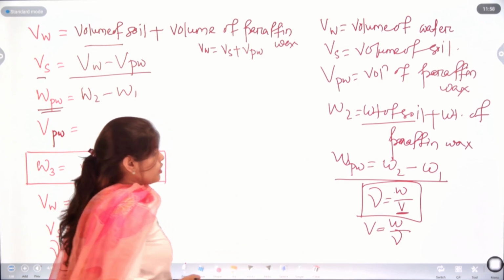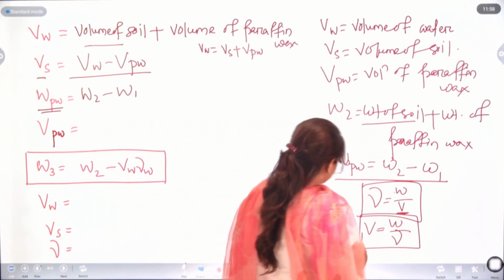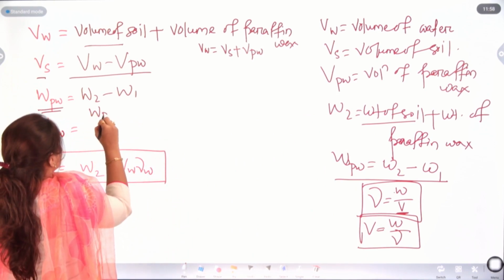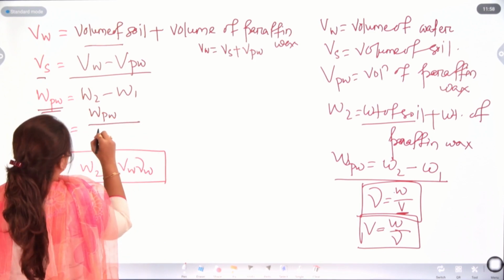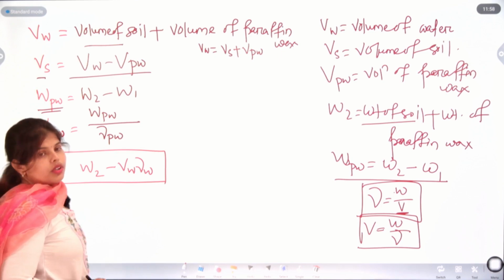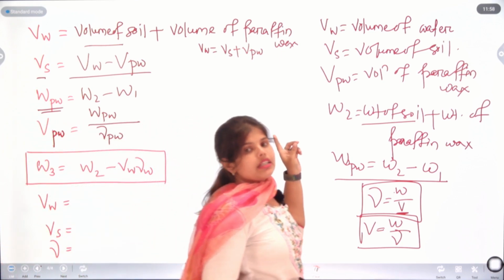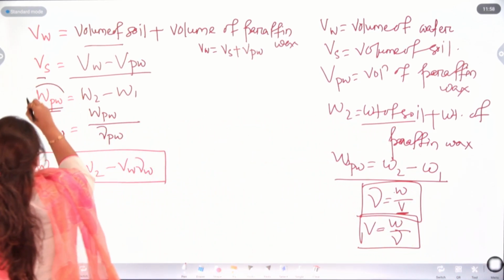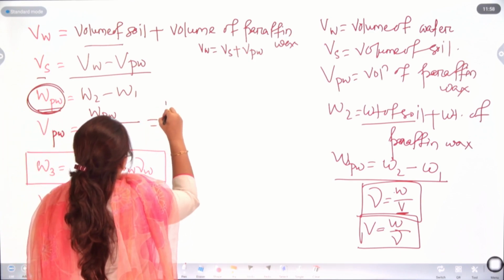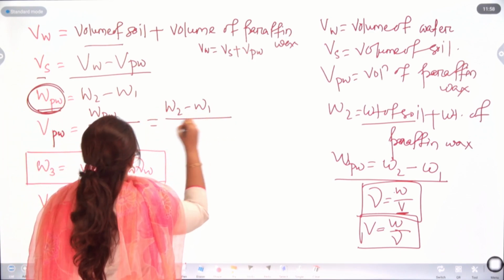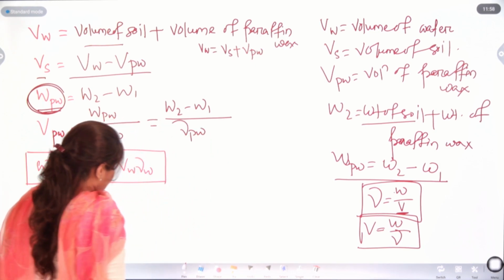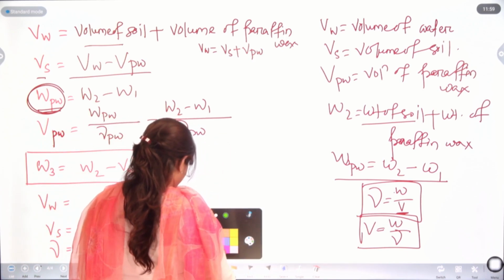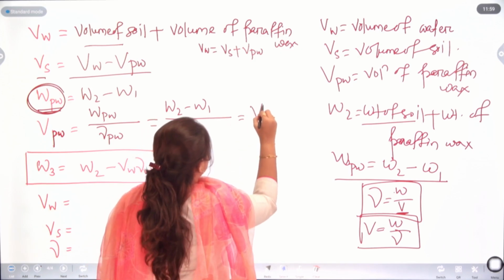To find Vpw, we can use Wpw upon gamma pw. Wpw is the weight of paraffin wax and gamma pw is the unit weight of paraffin wax. So, we can put Wpw here as W2 minus W1 upon gamma pw. It is our Vpw.